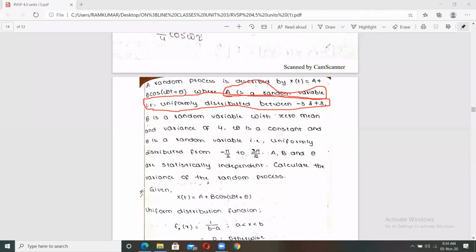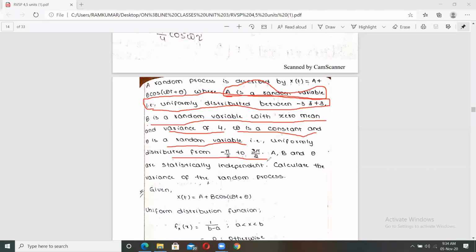Theta is also a random variable with zero mean and variance of 4. Omega is a constant, and theta is a random variable uniformly distributed from -π/2 to 3π/2.